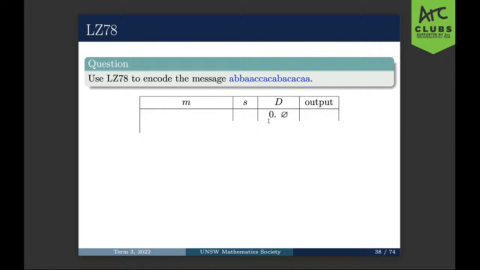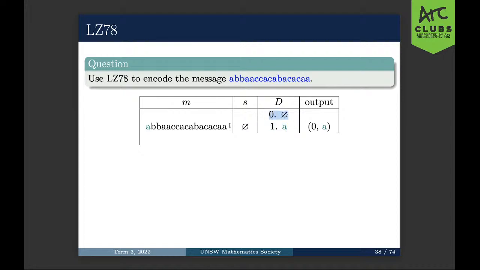We have a dictionary here, and it starts off with the 0th entry being empty, which just means the empty message or empty string. For the message, we try to find the longest prefix of the message that's in our dictionary. Ignore this part for now, that's the one that got created.